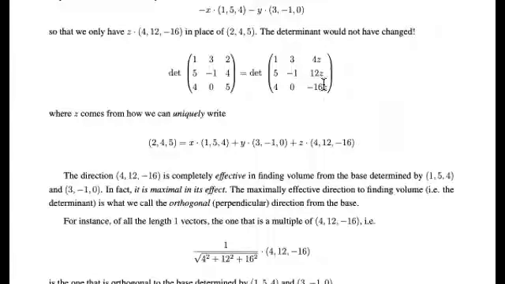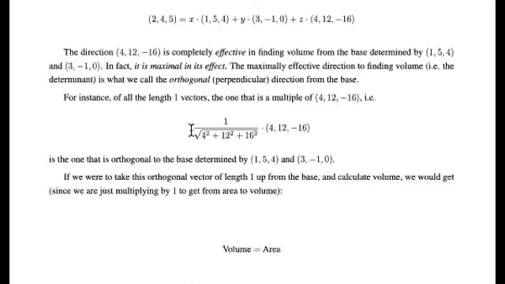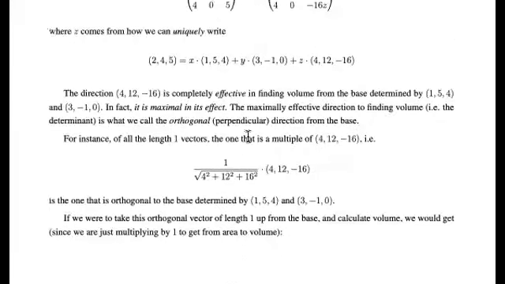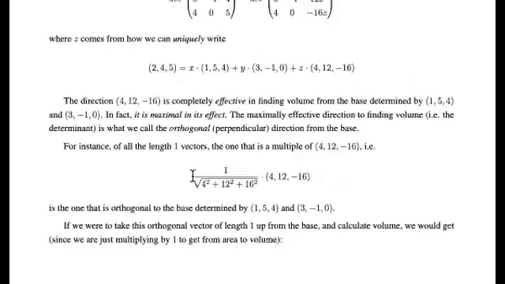Now, what if we thought of this as a vector and made it a unit vector by dividing by its length in 3 space? By the Pythagorean theorem, that's the square root of 4 squared plus 12 squared plus 16 squared. It works the same way in 3 space, but you just have another part to it. So that would give you the length of that vector. What if you divide that by that?